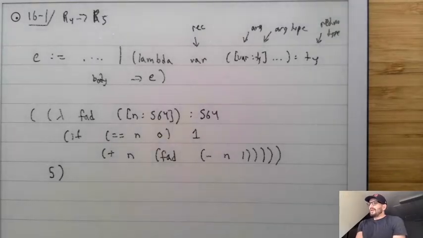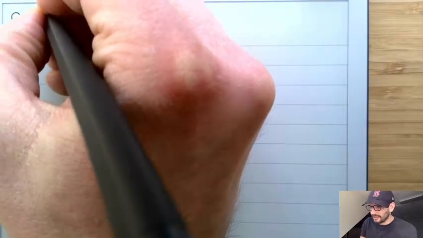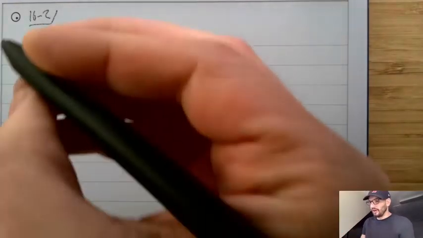Now, when you extend your interpreter, you'll want to represent these closures in some way. I should make a note about what I mean by closures. Of course, this class doesn't really make sense unless you've done the OPL class, so let's just do a really concrete example.